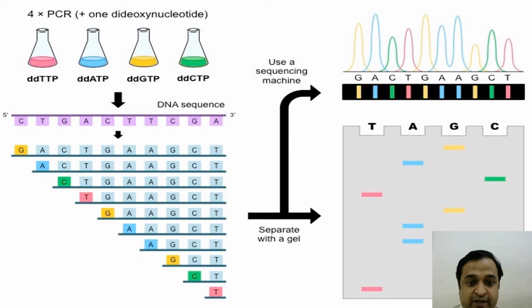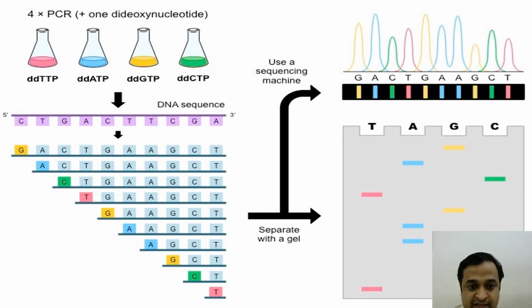In this growing nucleotide chain, say for example, we have 1, 2, 3 thymine residues in this master copy of the DNA. So in the complementary chain, we need 3 adenine nucleotides to be incorporated.